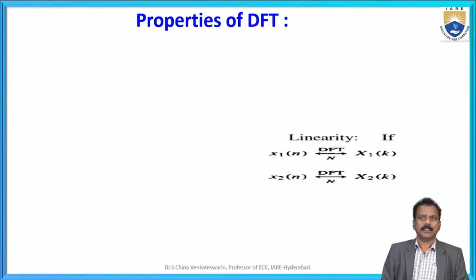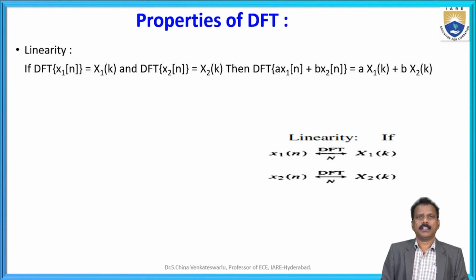Coming to the linear property: if DFT of x1 of n is equal to x1 of k, and DFT of x2 of n is equal to x2 of k, then the DFT of a x1 of n plus b x2 of n is equal to a into x1 of k plus b into x2 of k.